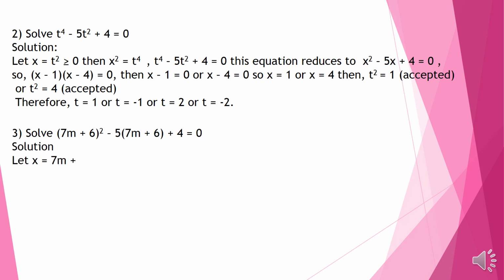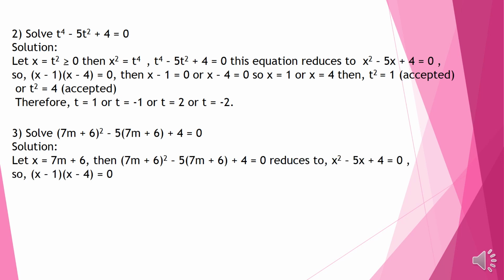Also, if we look at this equation and replace 7m plus 6 by x, we get x square instead of (7m plus 6) square, and here we have 7m plus 6, so we get x square minus 5x plus 4, which is the same as the form in part 1.